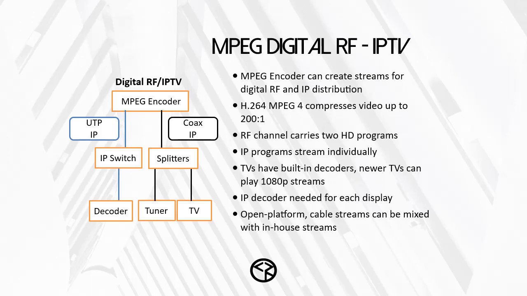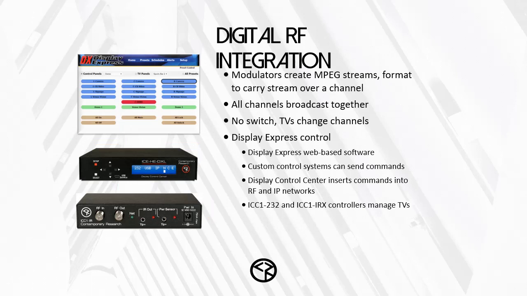So it doesn't matter whose encoder created the stream. It doesn't matter what brand of TV you have, they'll play it back. If you have an MPEG 4 IPTV decoder, it'll play back any kind of streams that are usually MPEG 2, MPEG 4, or MPEG 4 HEVC. They can all play them back.